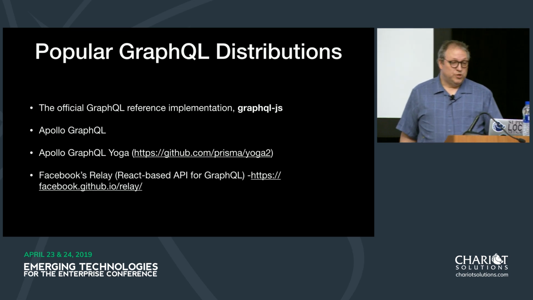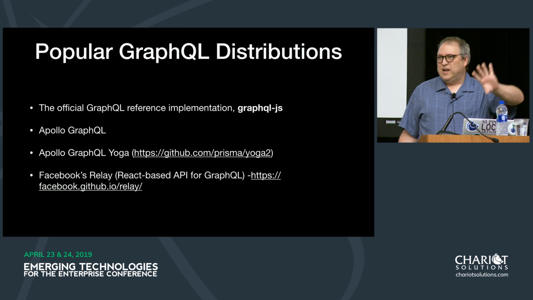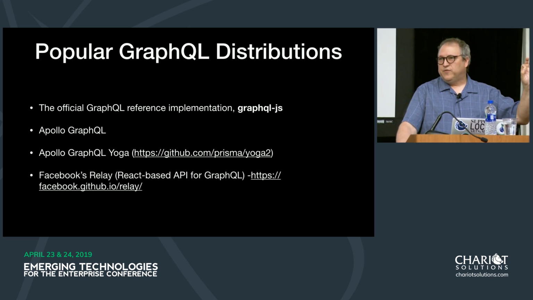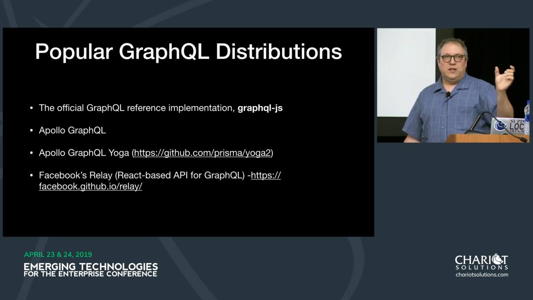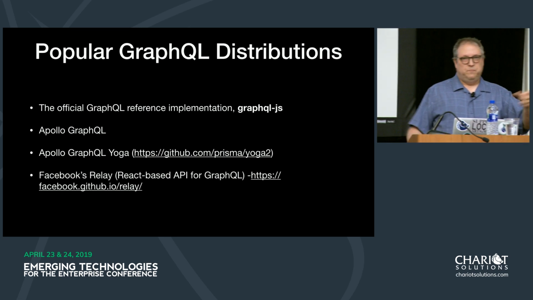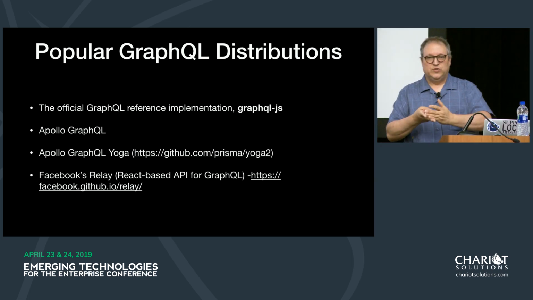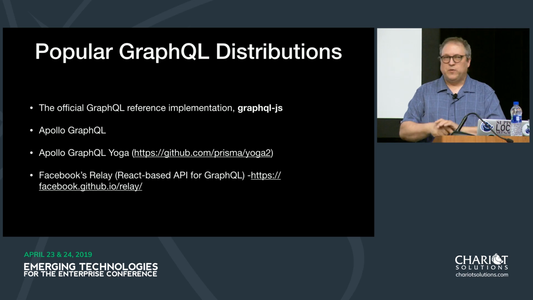In terms of distributions, just setting up for the next set of tools, there's this Apollo project from Prisma, and that kind of helped us feed the reference implementation, if I remember correctly. And so Apollo GraphQL is out there, and it's a big honking set of things, right? There's a server, there are different server bindings for Hapi and Express, and all sorts of JavaScript servers you might run into.